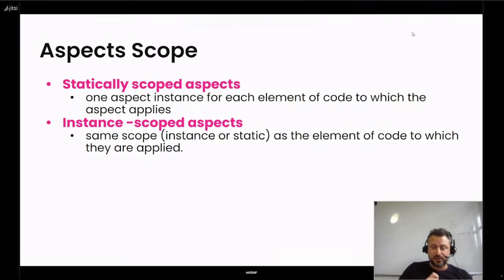There is a difference, because we can share the same state between different classes, or we may need a single state for each place in the code where we have applied this aspect. It's important to think about the aspect order and its scope.